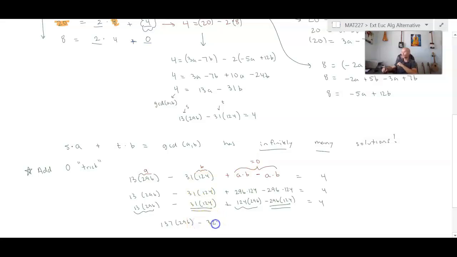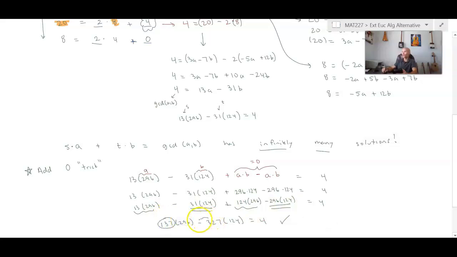Negative 327 124s. And I'm claiming that this still equals 4. Well, assuming I've combined like terms properly, 137 times 296 minus 327 times 124 indeed gives me 4, and this checks out.